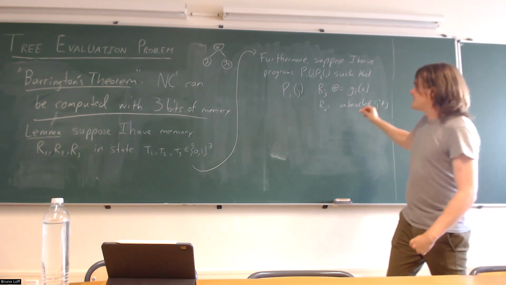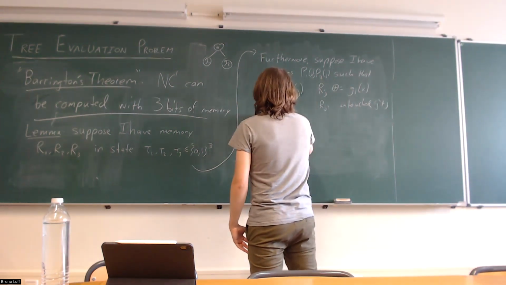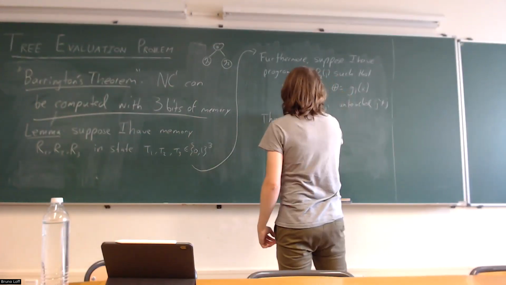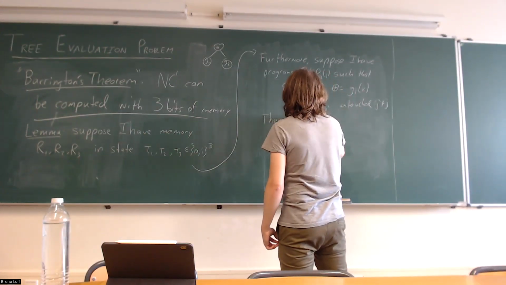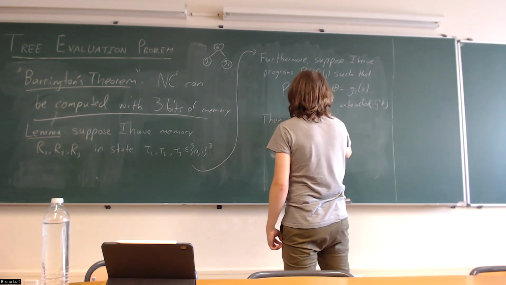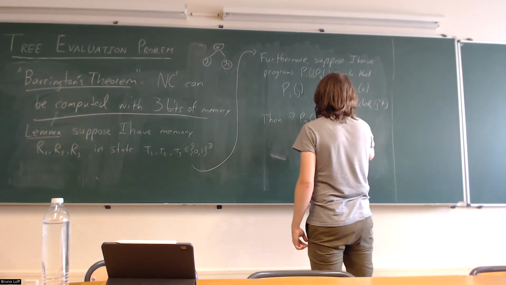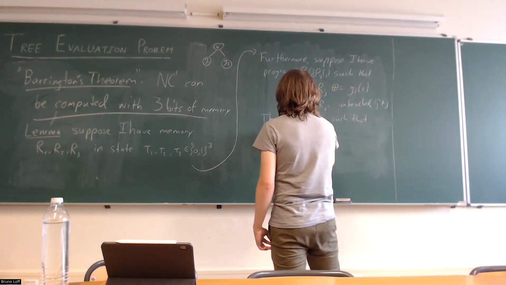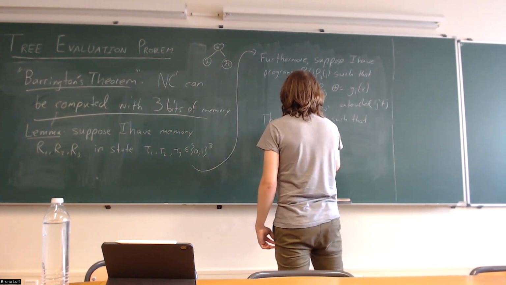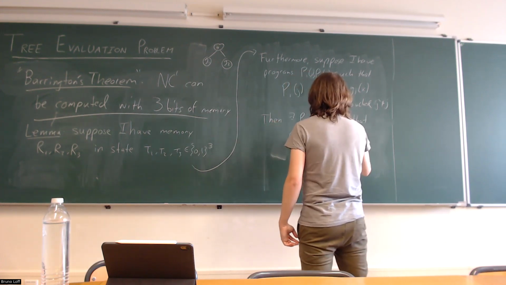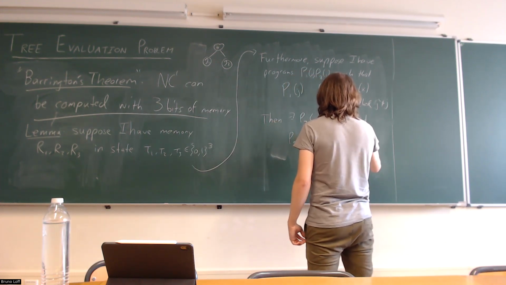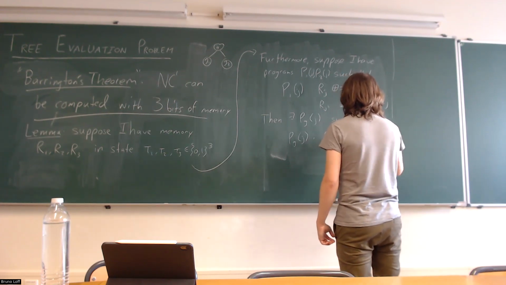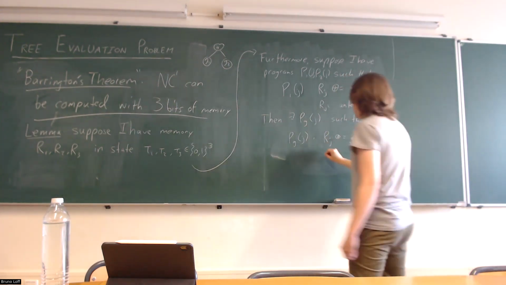And I'm going to use this to compute my gate G in the same way. Then there exists a program PG of J, again for all J, such that PG of J's operation adds the output of the gate that I care about, while leaving the other memory unchanged.